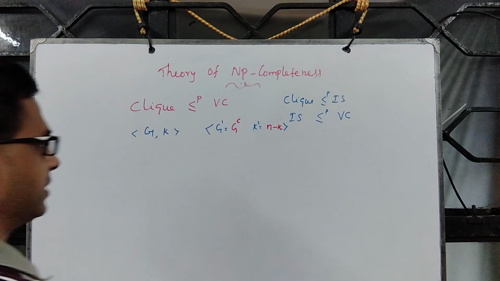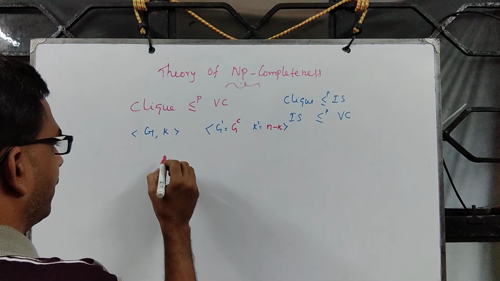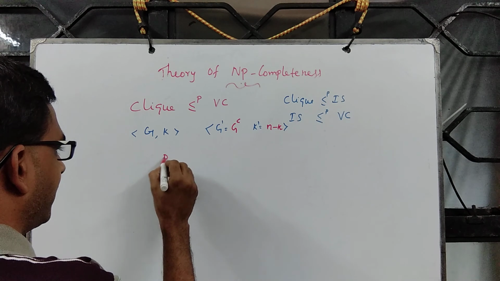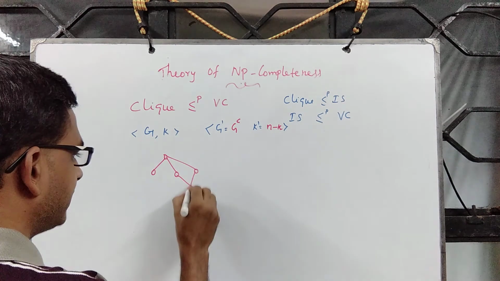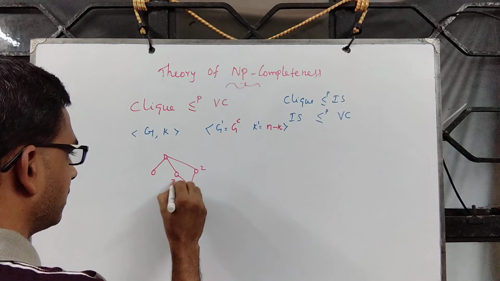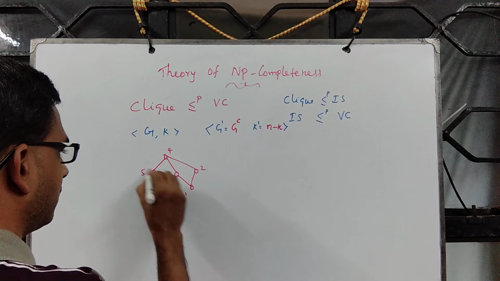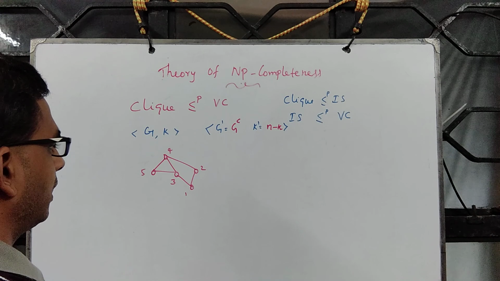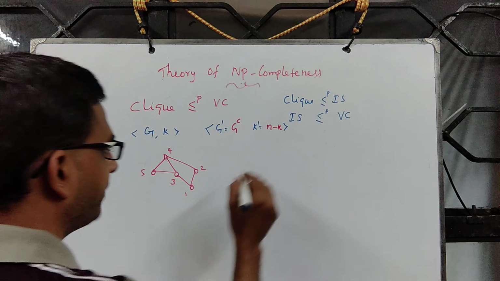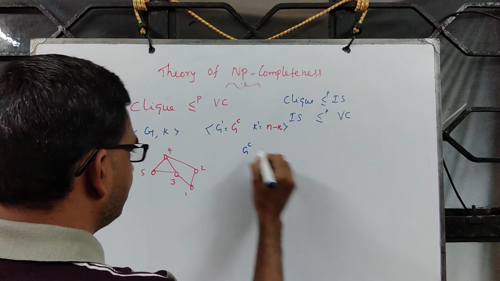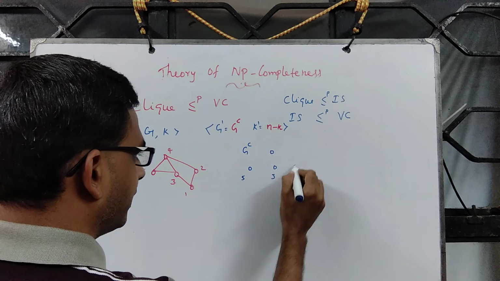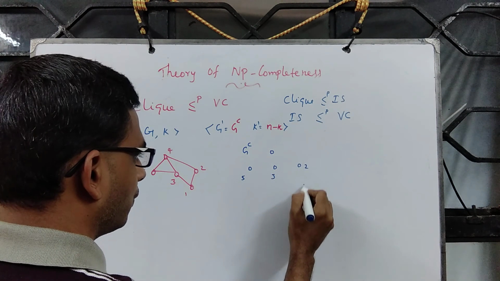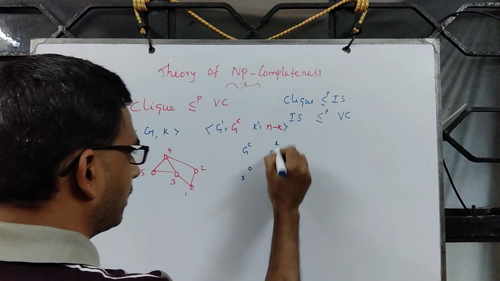So observe this. You have an instance of clique, say something like this. Now this would be mapped to its complement. So 4, 5, 3, 2, 1.